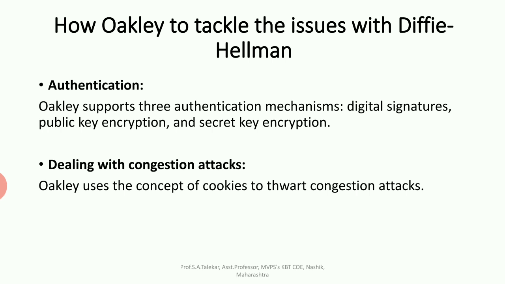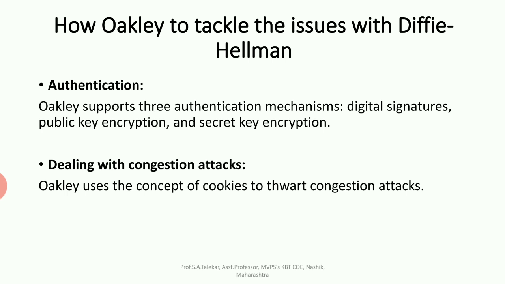Now, how does Oakley tackle the issues with Diffie-Hellman? As we have seen, Diffie-Hellman has some issues, and here is how they can be tackled using the Oakley key determination protocol. The first one is authentication. Oakley supports three authentication mechanisms: digital signature, public key encryption, and secret key encryption.